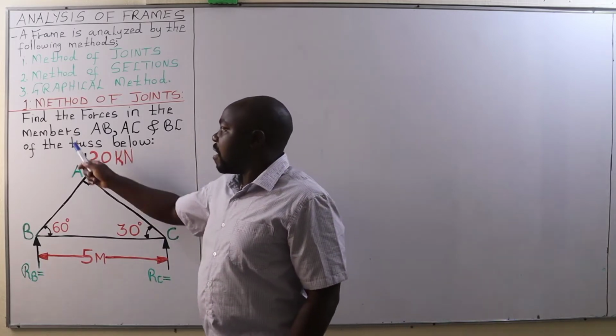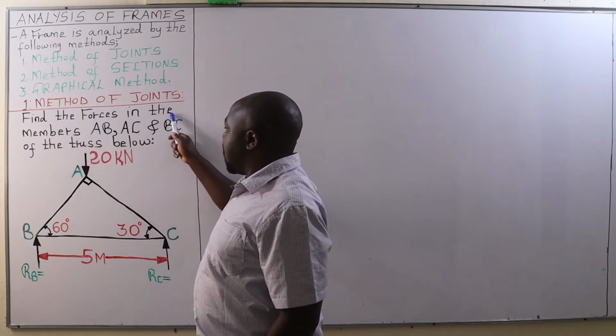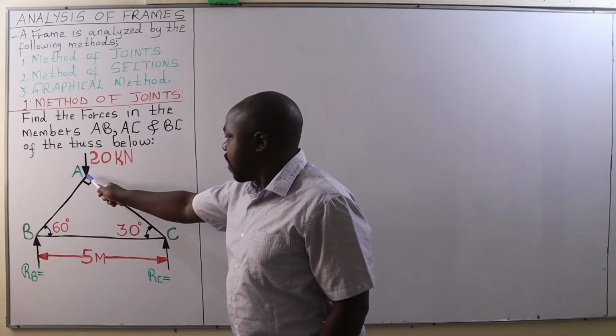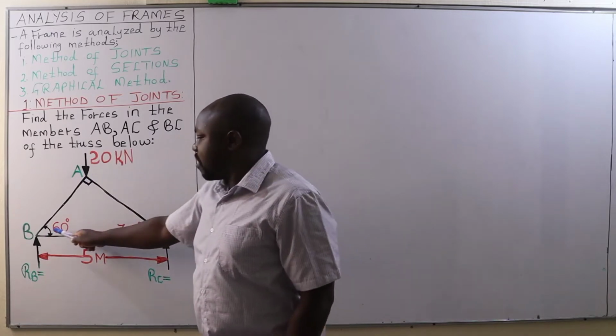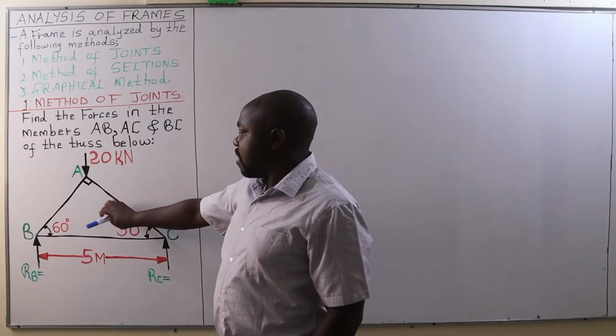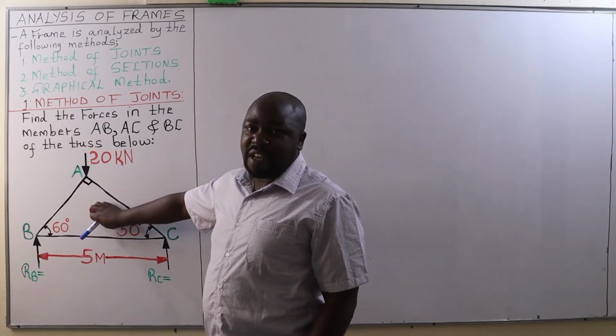Now the question is, find the forces in the members AB, AC, as well as BC of the truss that is shown in the figure below.